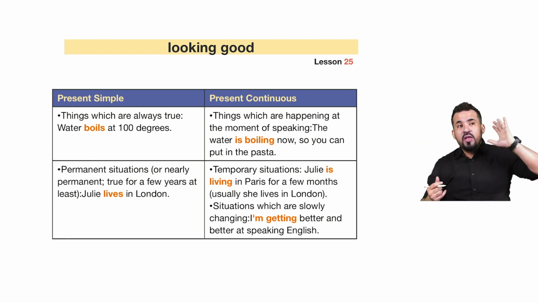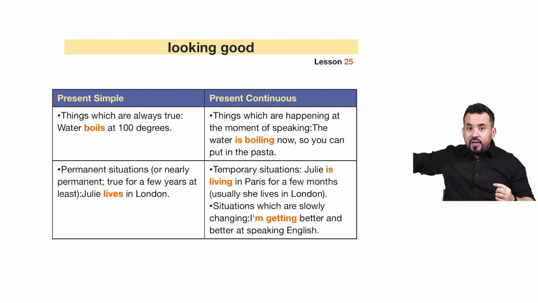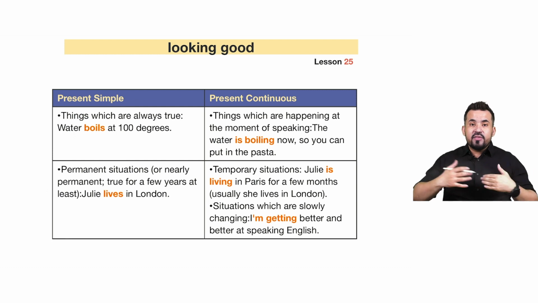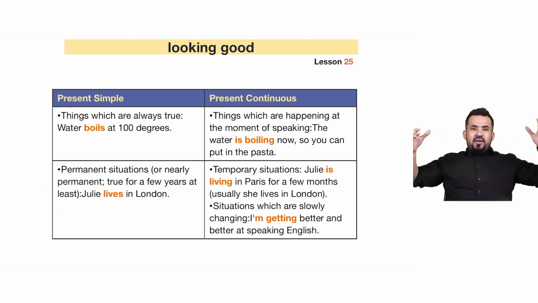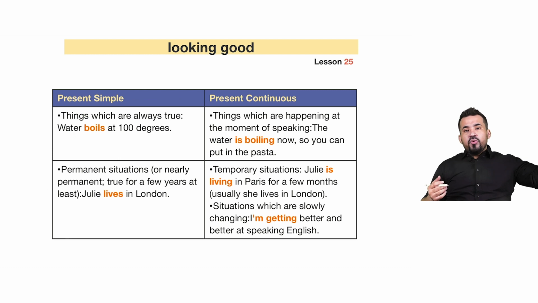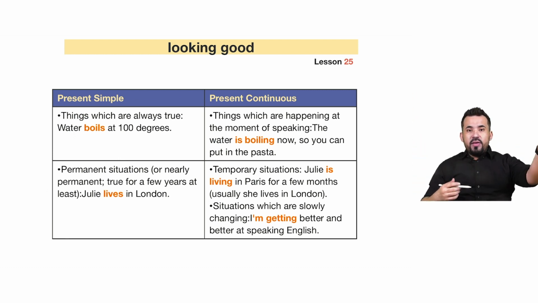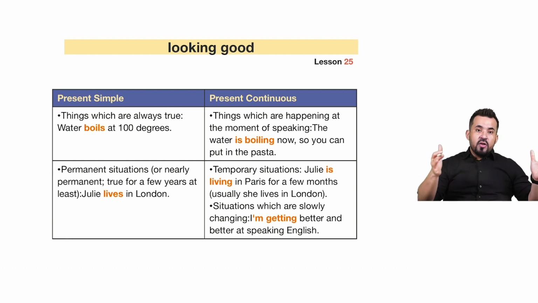For example, I work at this office, or I live in this city. Those are permanent or almost permanent or long-term things. They don't change every day. Not every day you're going to move to a new city or move to a new country. So if you move somewhere, you're probably going to be there for a long time. So long-term actions are associated with the present simple.